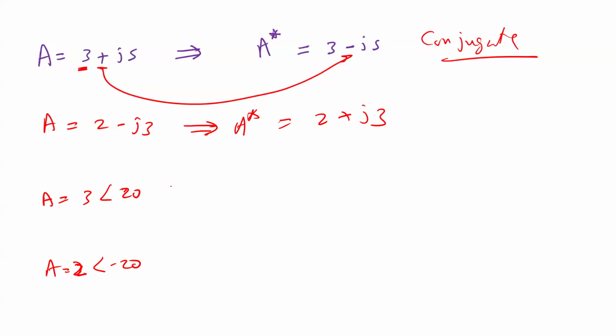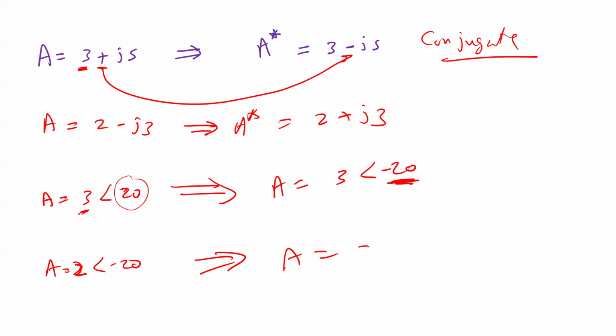If you want to calculate the conjugate, all you have to do is multiply the angle by negative, and don't change the magnitude. So A conjugate is 3 with angle negative 20. Here, the other one should equal 2 with angle positive 20. Very easy, right? So to calculate the conjugate in polar form, just change the sign of the angle. That's it.